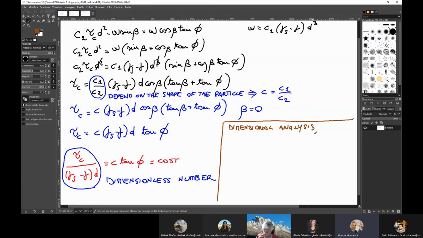I just want you to know or to recap this possible solution. It's a way of analyzing the dynamics, kinematic, and geometry of physical processes. So you have to analyze the dimensions of the governing variables. Dimensional analysis is governed by the Buckingham theorem.